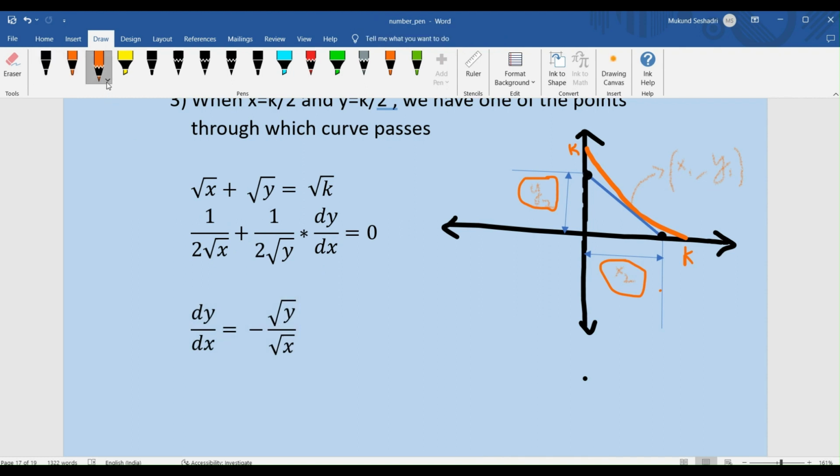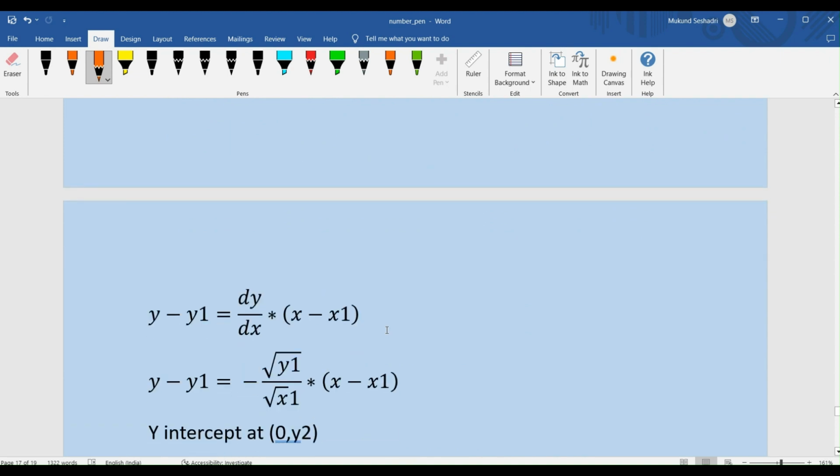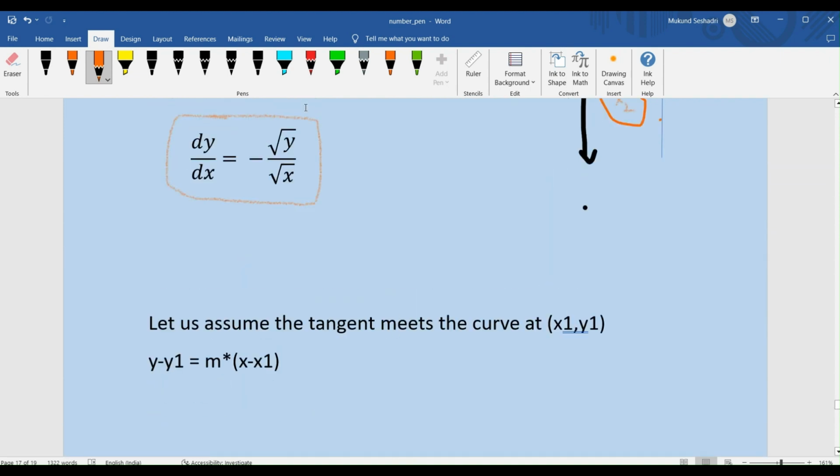Now the line passes through x1 comma y1, so at x1 comma y1 its slope can be written as minus root of y1 by x1. Maybe I'll write it here.